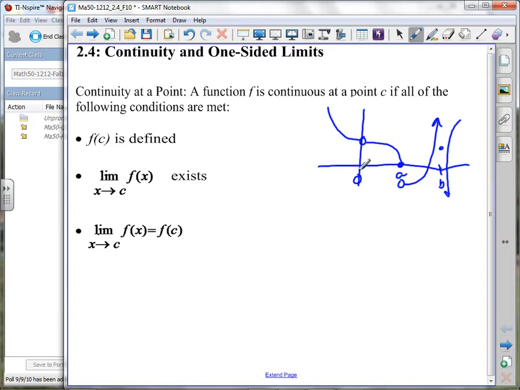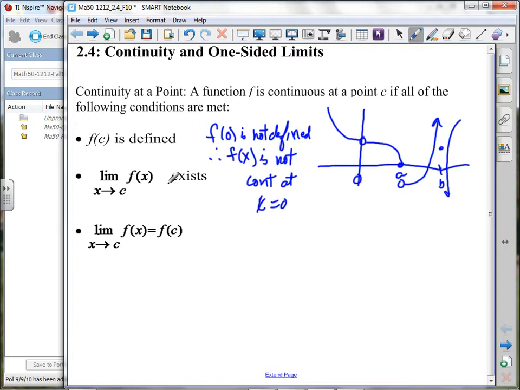So if we look at f of 0, the output is not defined, therefore we know it's not continuous. So f of x is not continuous at x equals 0. That would be one statement we could make about that.